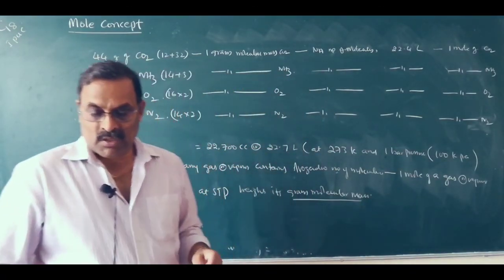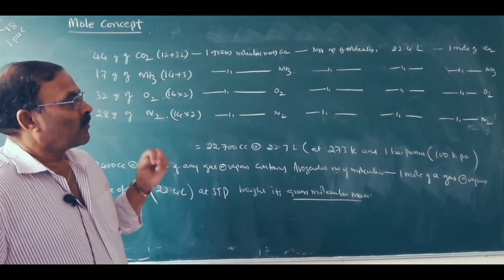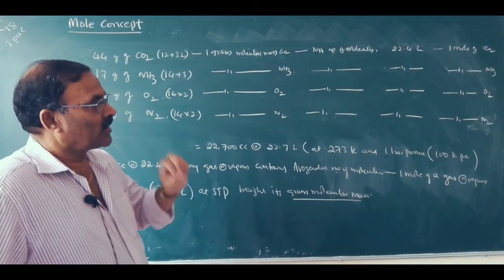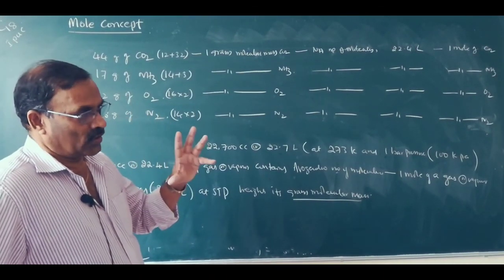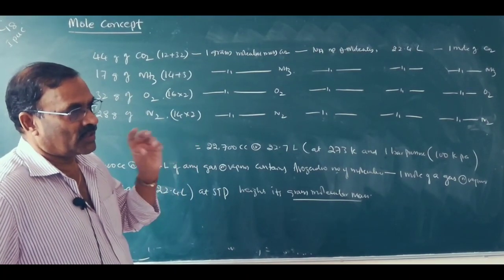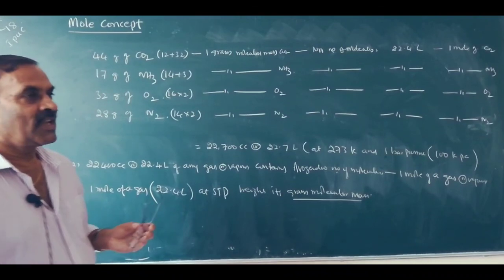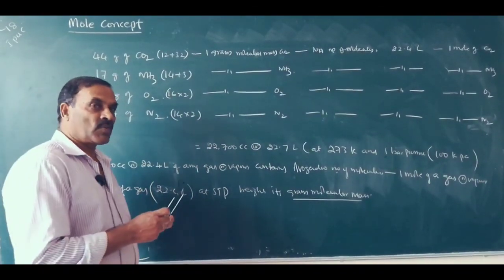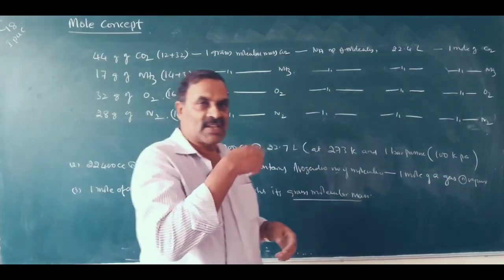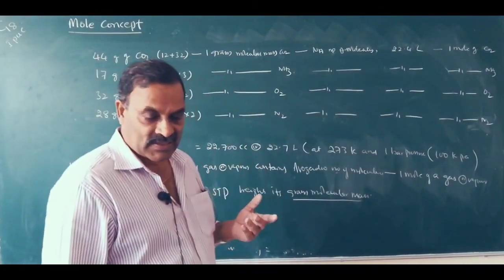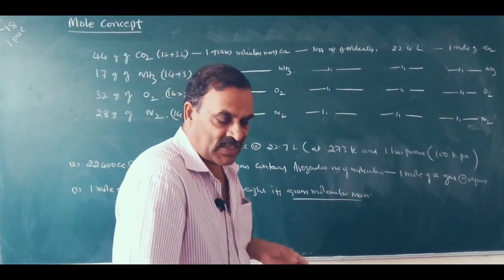So, today we have understood what is Avogadro number and then mole. Avogadro number, the number of particles present in exactly 12 gram of carbon 12 isotope, is called Avogadro number, represented as Na, and its value is 6.023 into 10 to the power of 23.